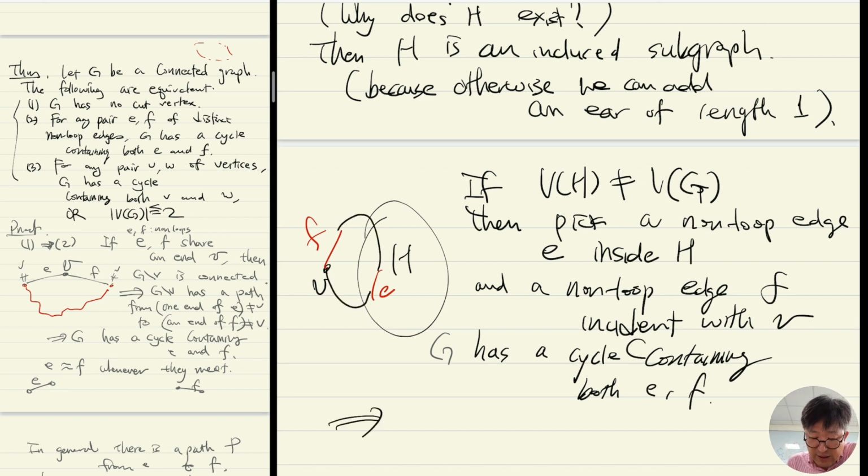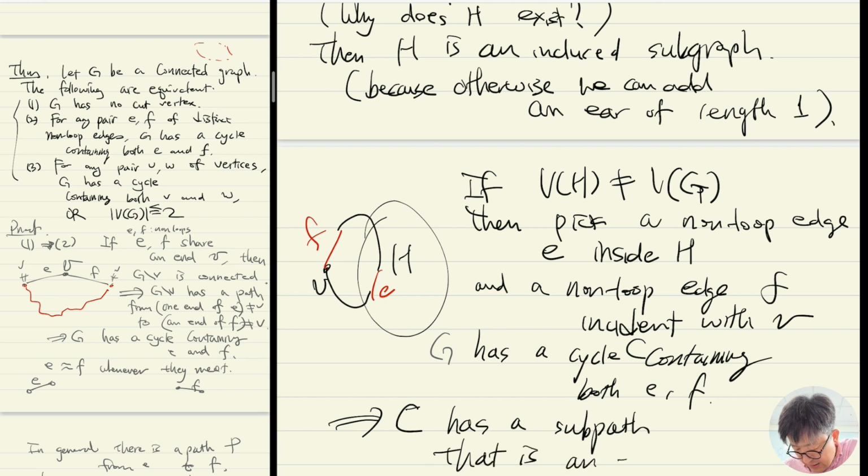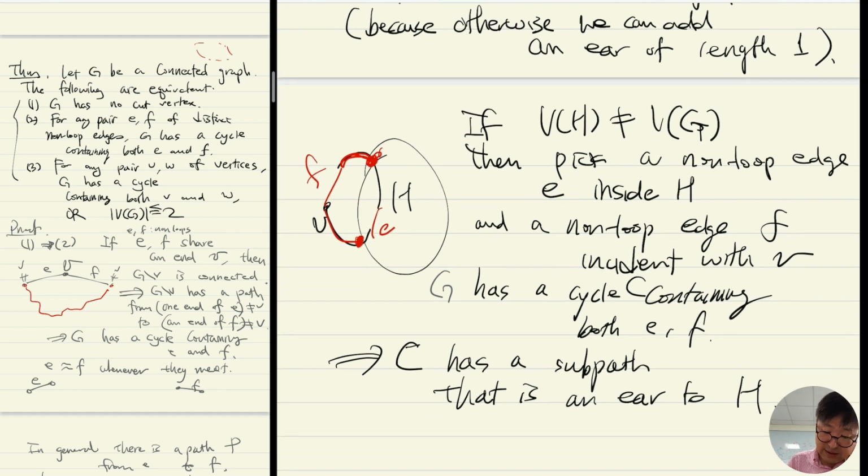Right? So by this, this cycle C has a subpath that is an ear to H, right? Because I follow this path in two directions. There will be a vertex that hits H for the first time. Then this red part is an ear.